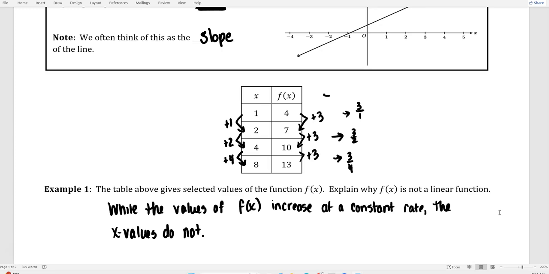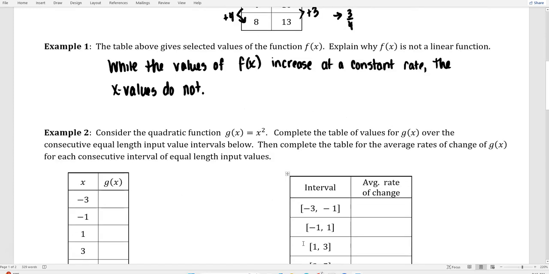So y'all watch out for those x values. Those x values here are increasing at an increasing rate. They're not going to give us something that is linear there.